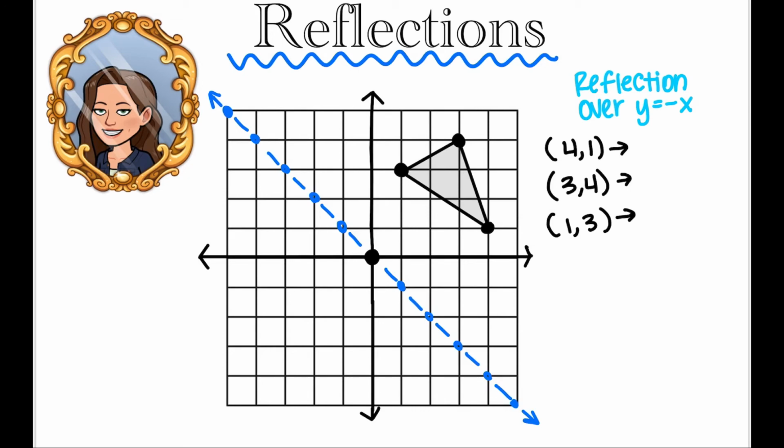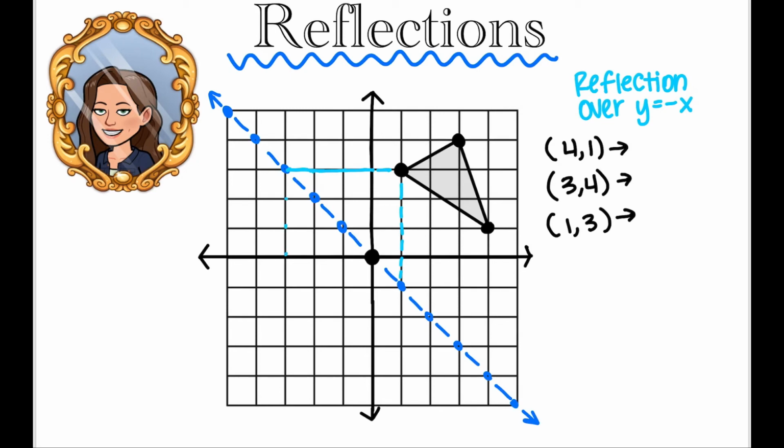Okay, let's say we have the line y equals -x, and we want to reflect this triangle over it. Then we're going to use the same process that we did for the line y equals x. So you can take a point, find the horizontal or the vertical distance. It doesn't matter which way you go. But you're going to take that point, draw a line or count over to the line y equals -x, and then if I'm going to the left, then I would need to go down that many.